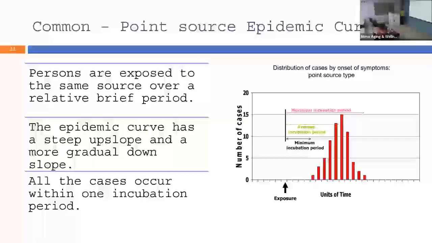So the epidemic curve has a steep upslope and then a more gradual downslope, and all the cases occur within one incubation period. Another example is the Chernobyl nuclear accident that was in 1986 in Ukraine.